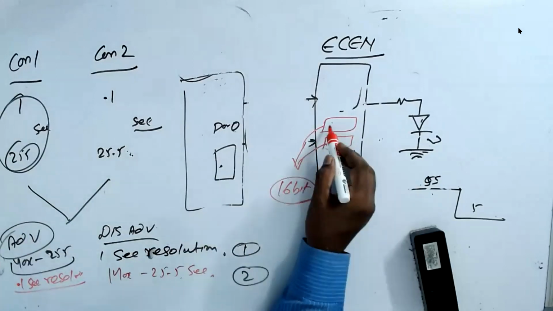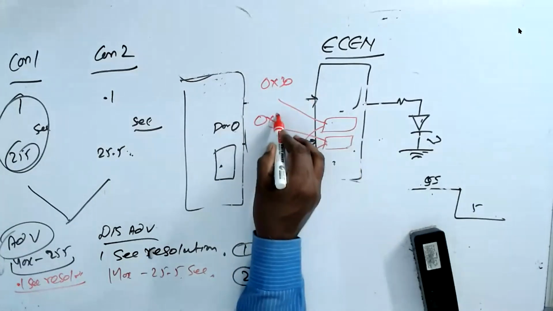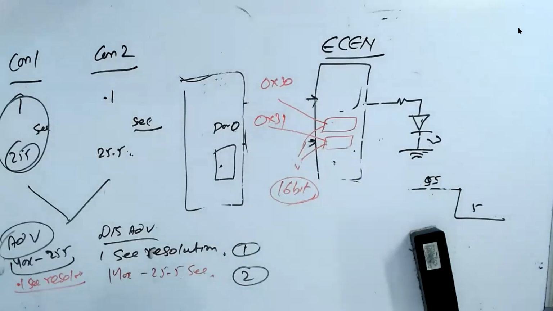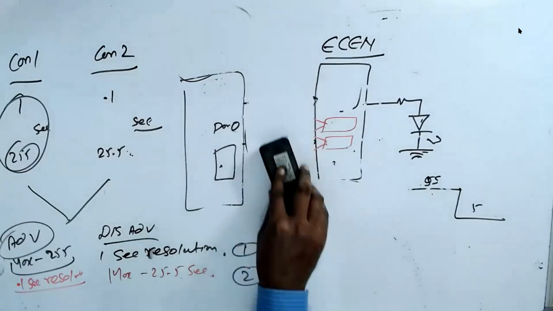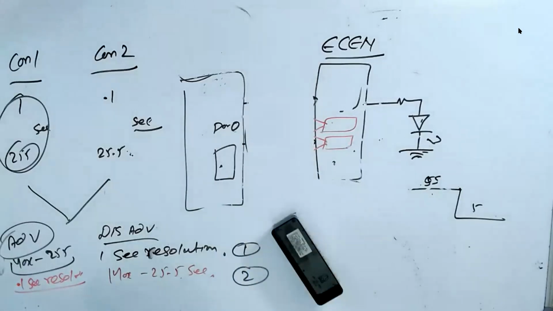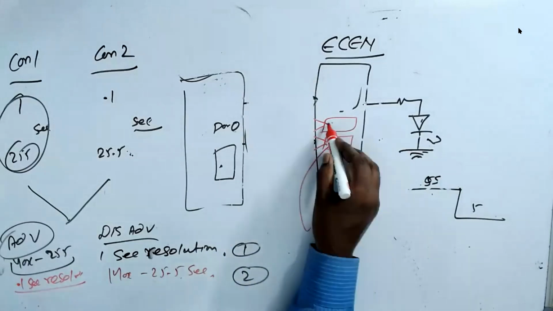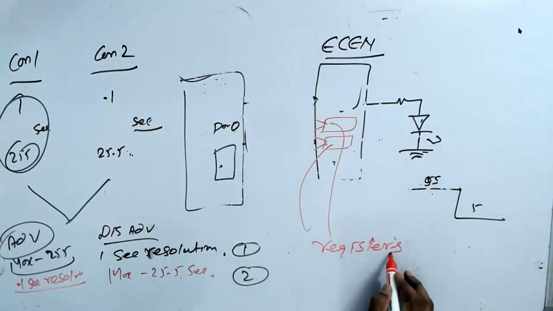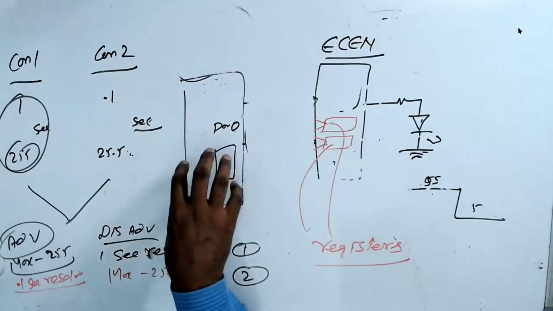That means this one has an address of 0x30 and this one could have 0x31. You have two ports. You need to have a connector to two of them. You understand now? These are also called registers. This is the only way you communicate to the device.